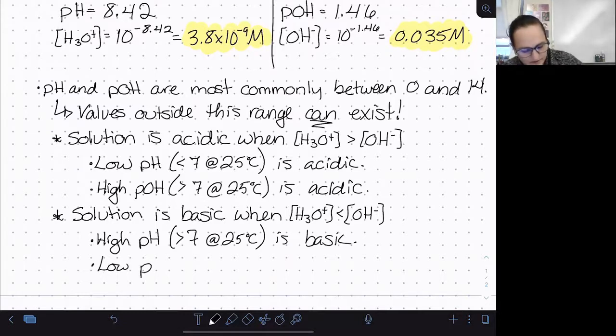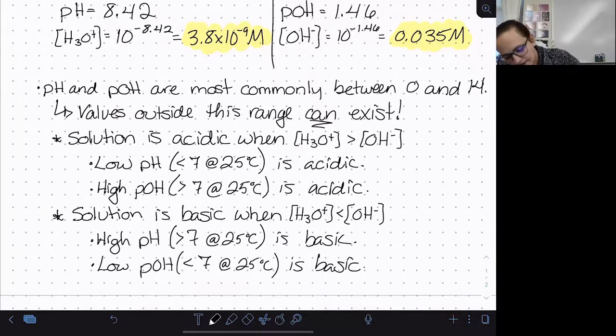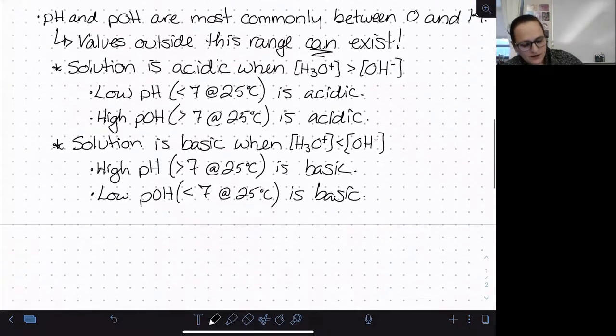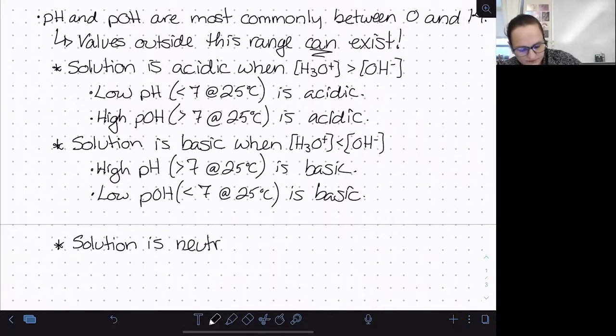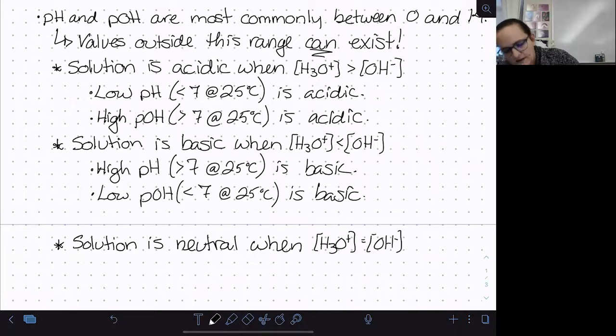And low pOH, less than 7 if we're at 25, is basic. So what it really means for a solution to be neutral has absolutely nothing to do with the pH specifically. A solution is neutral when the concentration of hydronium is exactly equal to the concentration of hydroxide.